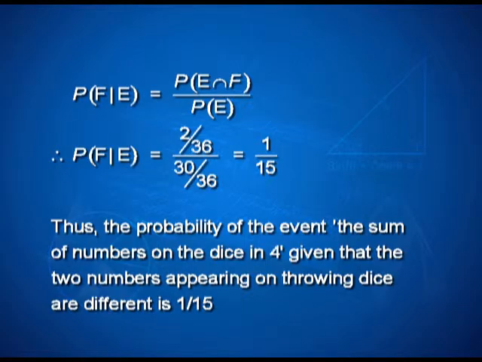So, we have the answer for this, which, as is expected of you, needs to be stated in words at the end of the problem, because E, F or X, Y are our assumptions. So, you must conclude your statement in words. Let us consider one more application of conditional probability.